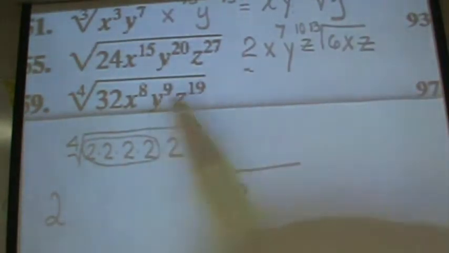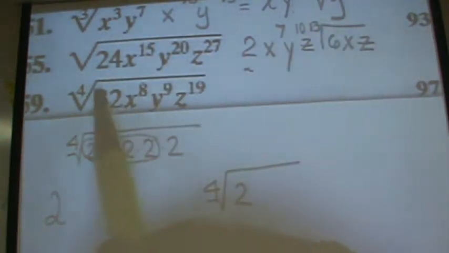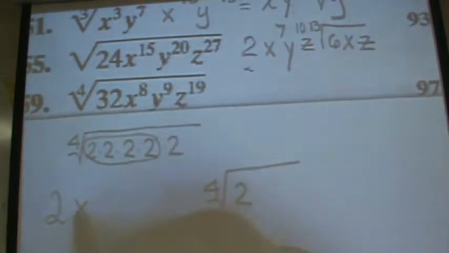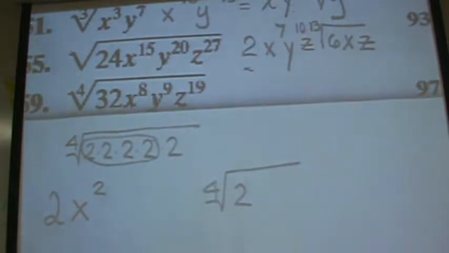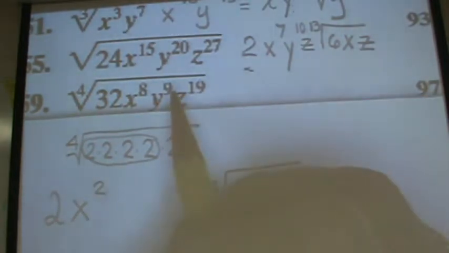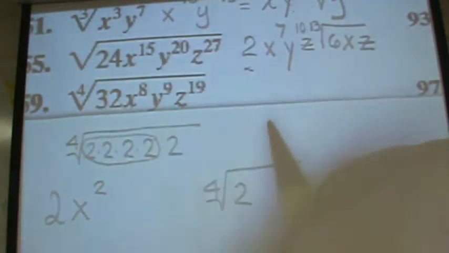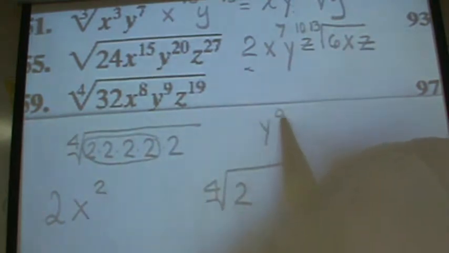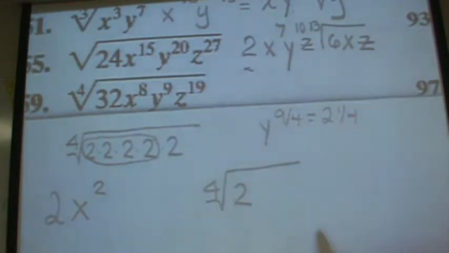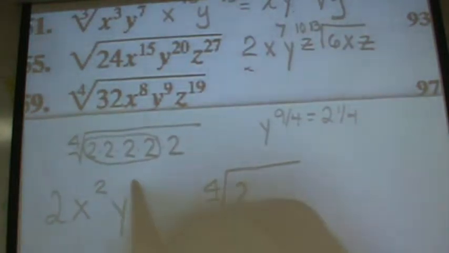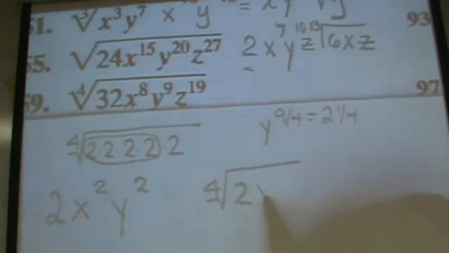Now I can do in my head 8 over 4. And 8 goes over 4 2 times, so I'm just going to write x squared. 9 over 4. Y 9 over 4. That is 2 1/4. So there's 2 full y's that come out, but 1 stays.